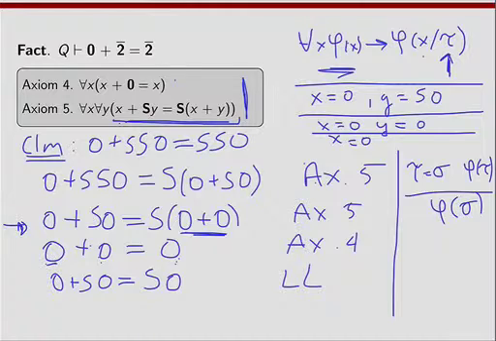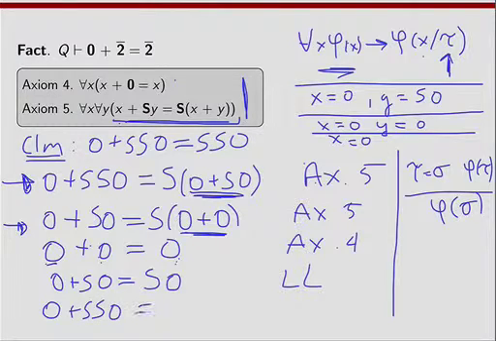I go back up to the formula where 0 plus successor of 0 appears, and replace it with whatever it's equal to. So I get 0 plus successor of 0 is equal to successor of 0. Again, that's Leibniz's law.